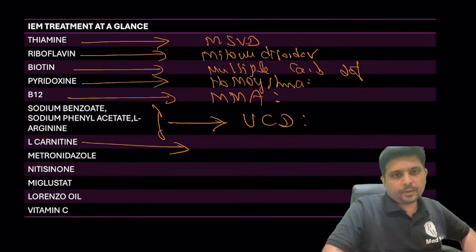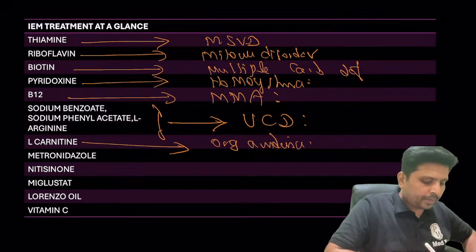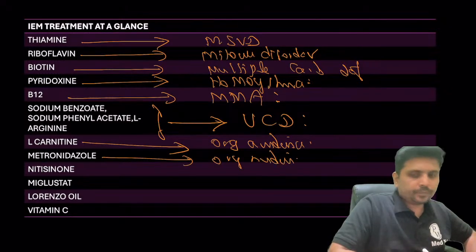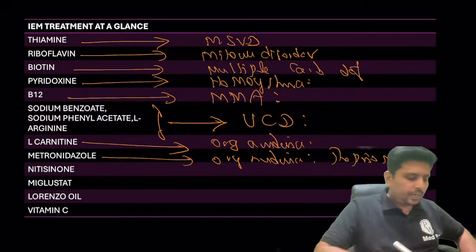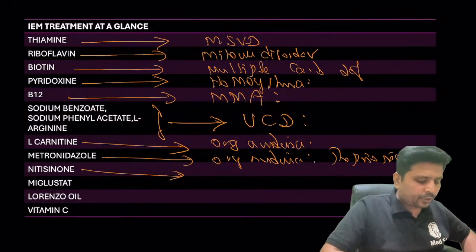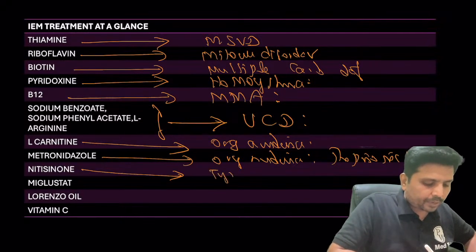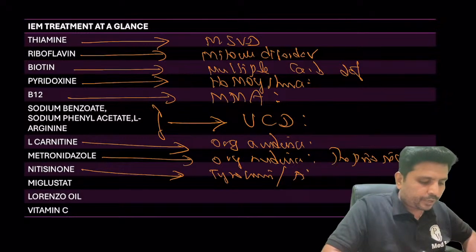L-carnitine is used in organic aciduria. Metronidazole, again organic aciduria, particularly propionic aciduria. Nitisinone is used in tyrosinemia as well as in alkaptonuria.